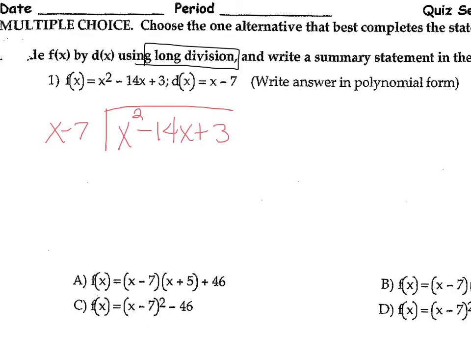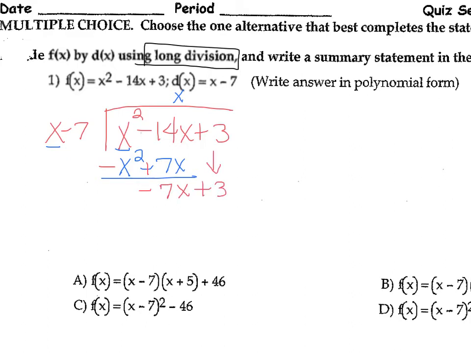So you ask yourself, what times x equals x squared, and that is x. Then you distribute. X times x is x squared. X times negative 7, that's negative 7x. Then you change the sign, negative, positive, combine after that, and that would be negative 7x. Then bring the 3 down, so it's plus 3.